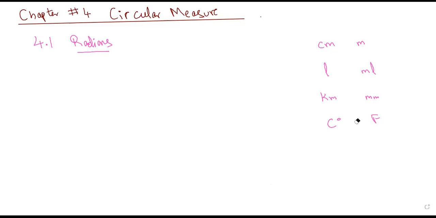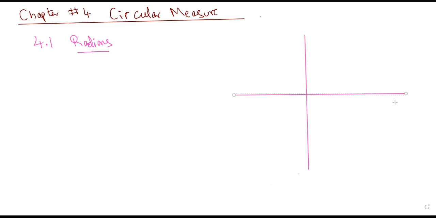Okay, so this basically means, let's say if this is the x-axis and the y-axis, if I talk about this blue line, okay, the angle between the blue line and the pink horizontal line is 90 degrees, okay, and this is measured in degrees.